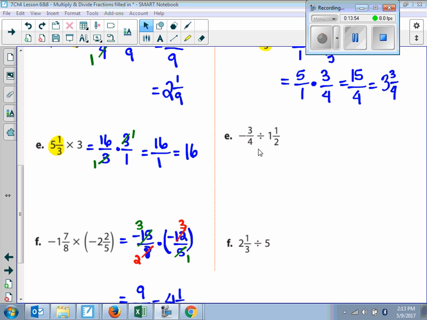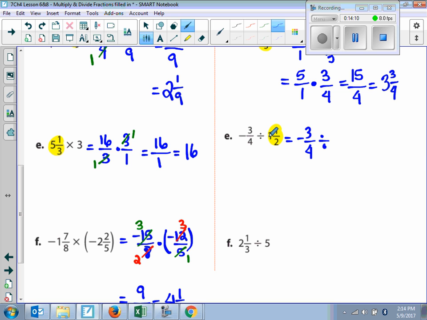All right, for the last one, once again, we need to change the mixed number to an improper fraction. So when we rewrite, we're going to go ahead and rewrite the first one, so that's negative 3/4. And then we're dividing by 2 1/2, which becomes 3/2.